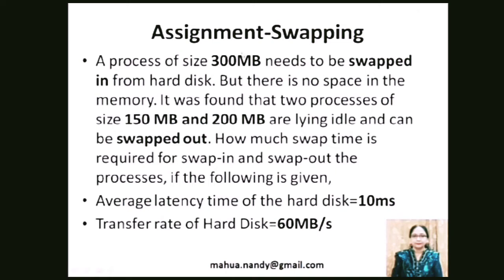So, the process of size 300 MB will be swapped in, and the processes of sizes 150 MB and 200 MB will be swapped out. How much swap time is required for swap in and swap out of the processes if the following is given? Average latency time of the hard disk equal to 10 millisecond and transfer rate of hard disk equal to 60 MB per second. We require to find out the total swap time.